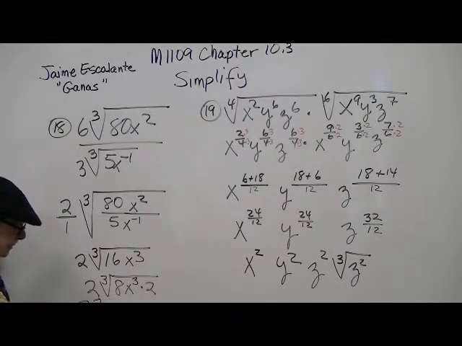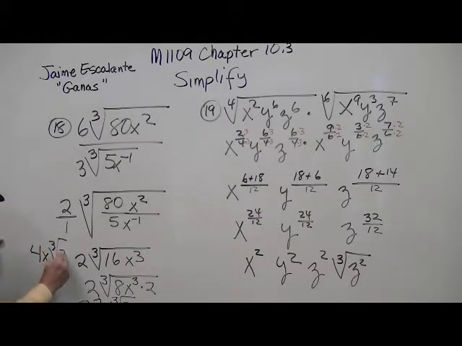Taking the cube root of this is 2x, times the cube root of 2. And then 2 times 2 is 4. So this becomes 4x, the cube root of 2. All of this to get there.